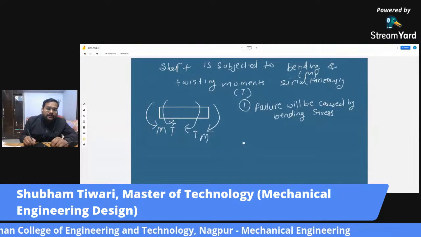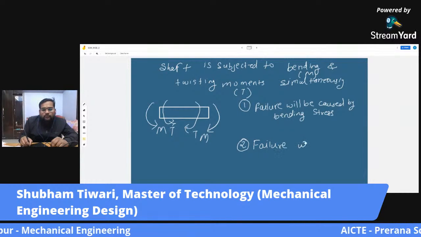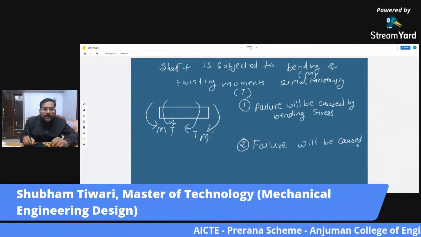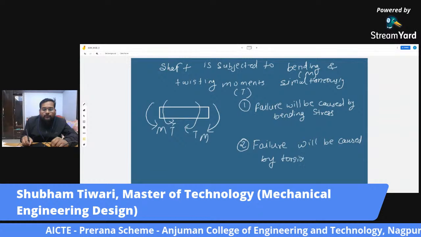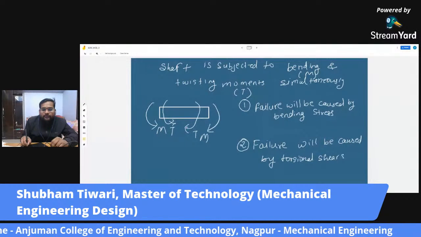The second theory says that failure will be caused by torsional shear stress.